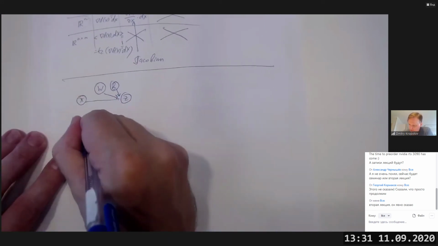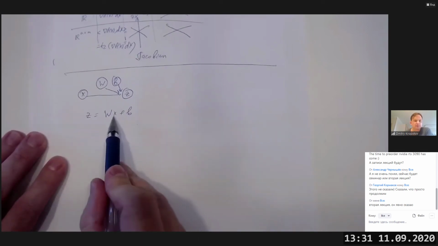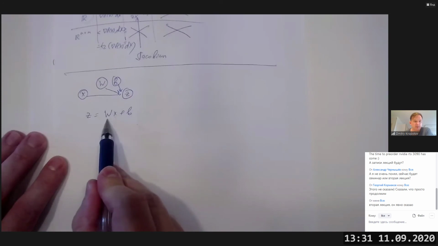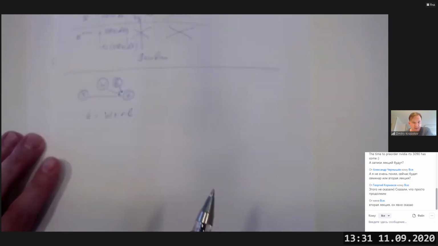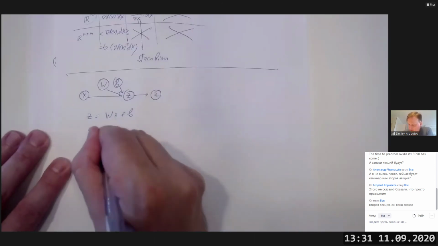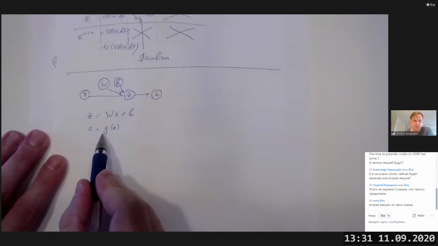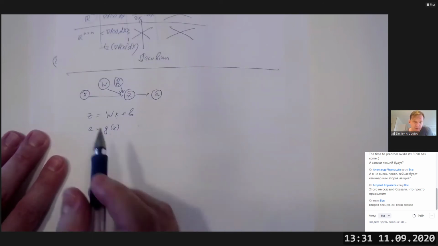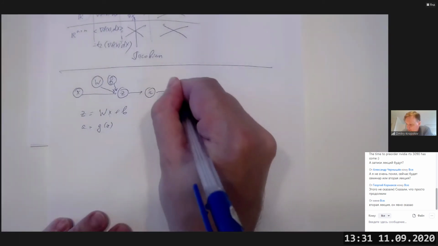So our z is Wx plus b. So linear transformation, x is a vector, W is some matrix, b again is a vector, and z is our transformation. Then we calculate a. A is the component-wise application of our activation function, for example, sigmoid, to this vector z, and then comes L.